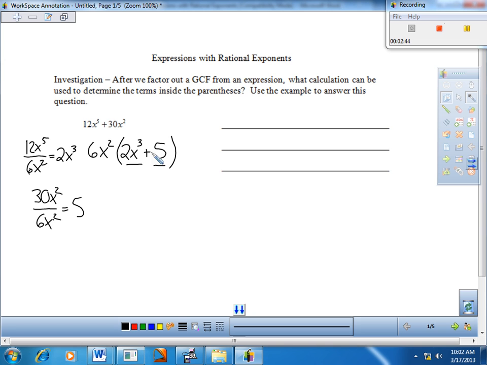So here's what we're going to write in, and hopefully it'll work out as these expressions get quite a bit more difficult with their numbers. So here's what I have. Take the original term and divide it by the GCF.